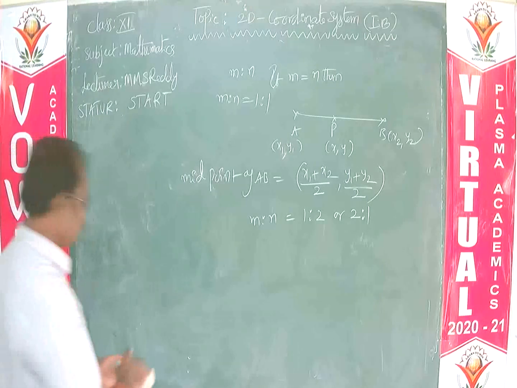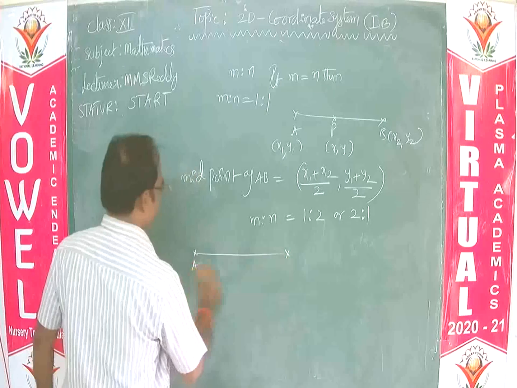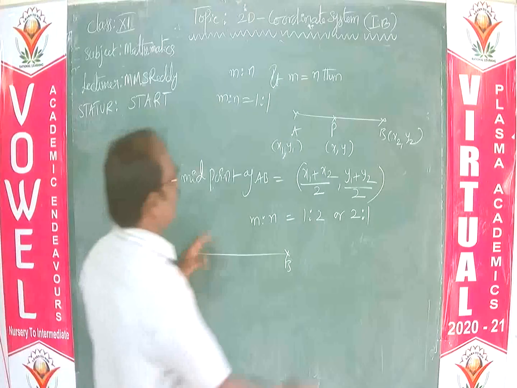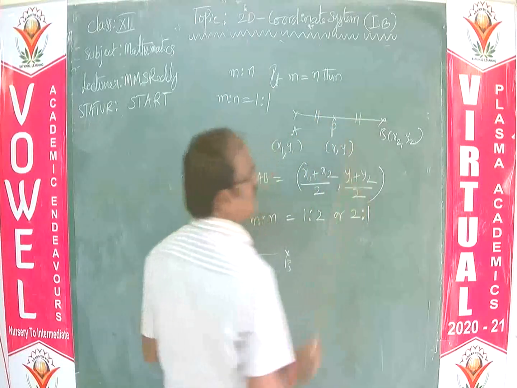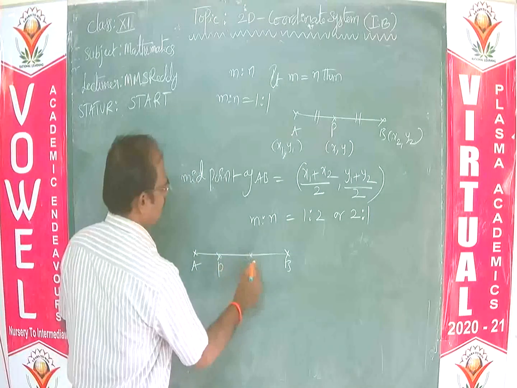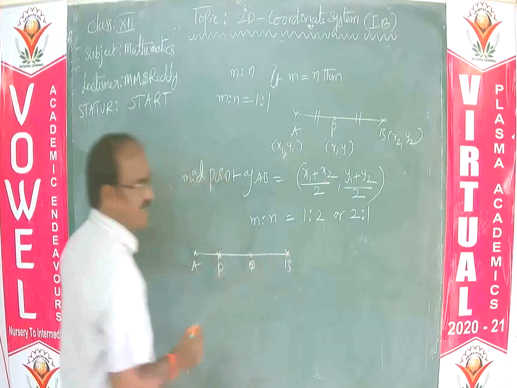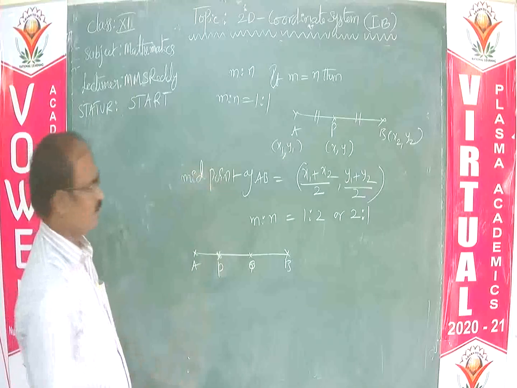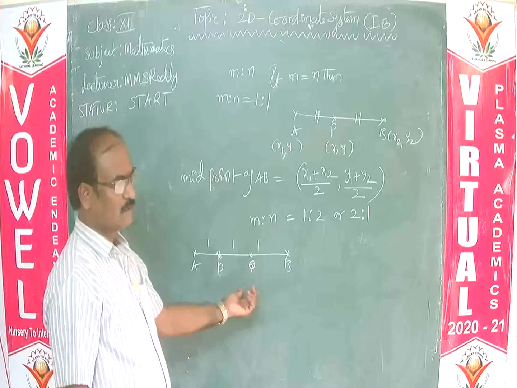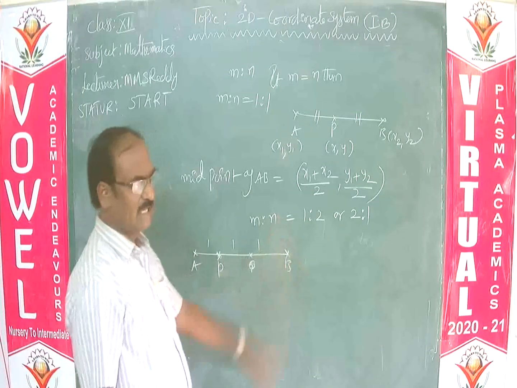That means a point which divides line segment AB into two equal parts is said to be the midpoint, whereas two points which divide line segment AB into three equal parts, then the points P, Q are said to be points of trisection of the line segment joining AB.